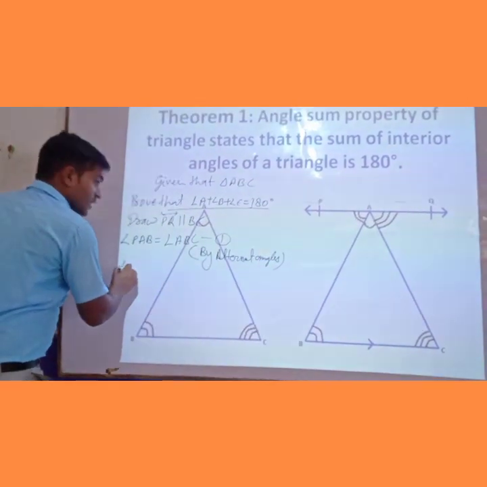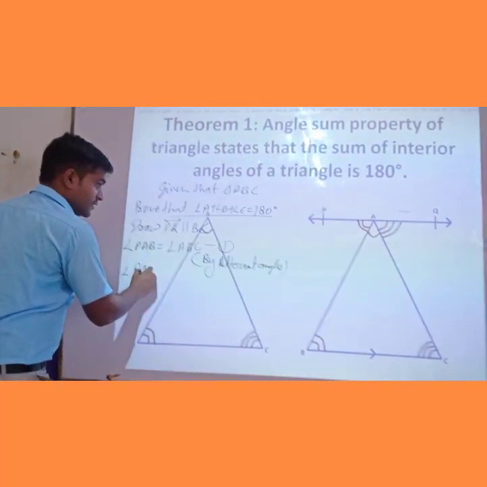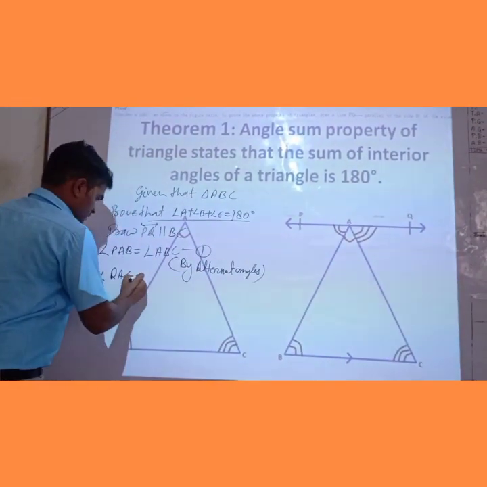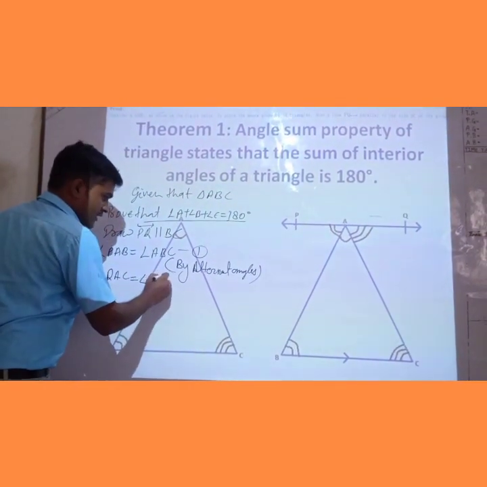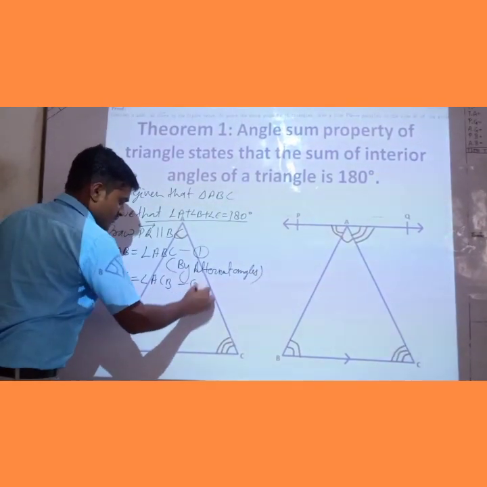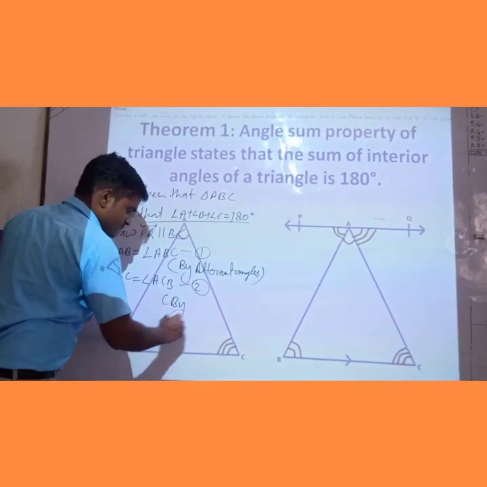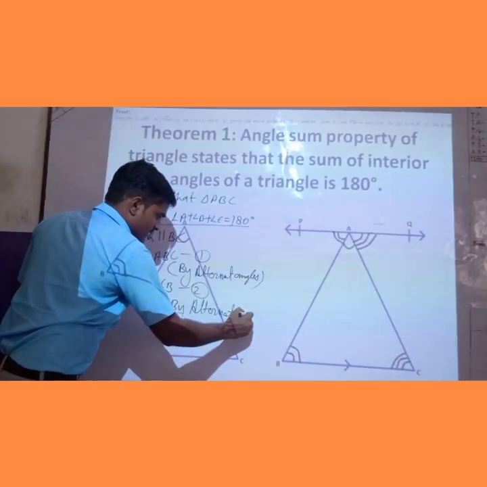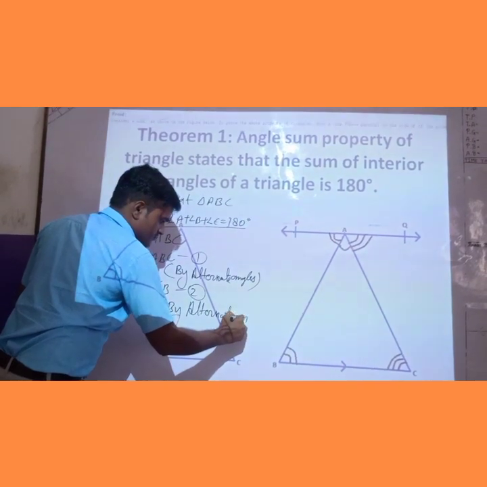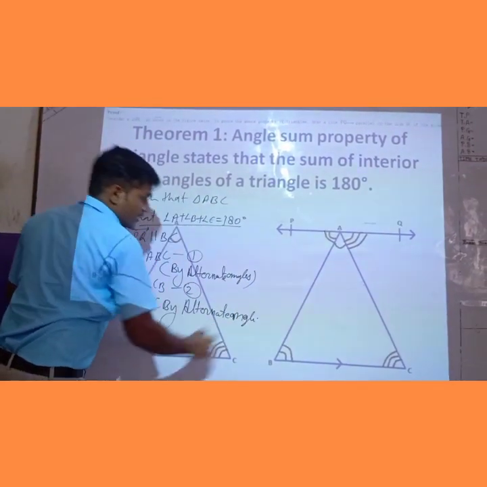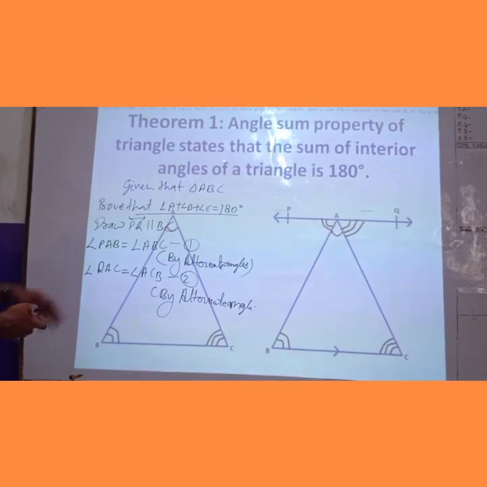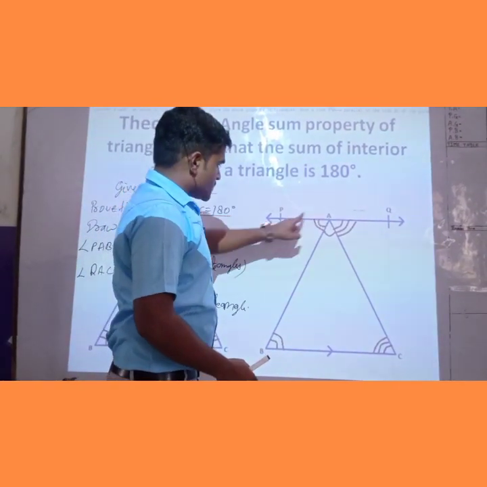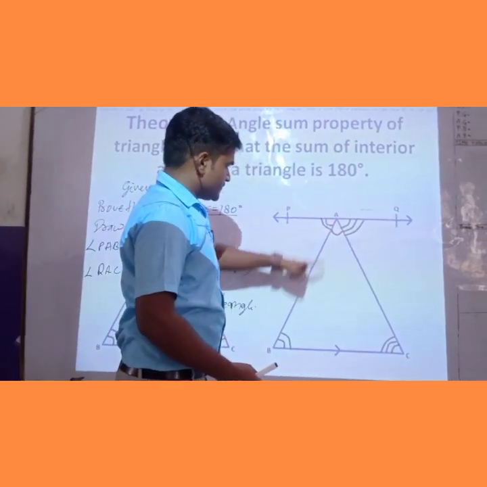Now angle QAC is equal to angle ACB. This is equation number 2, also by alternate angles.